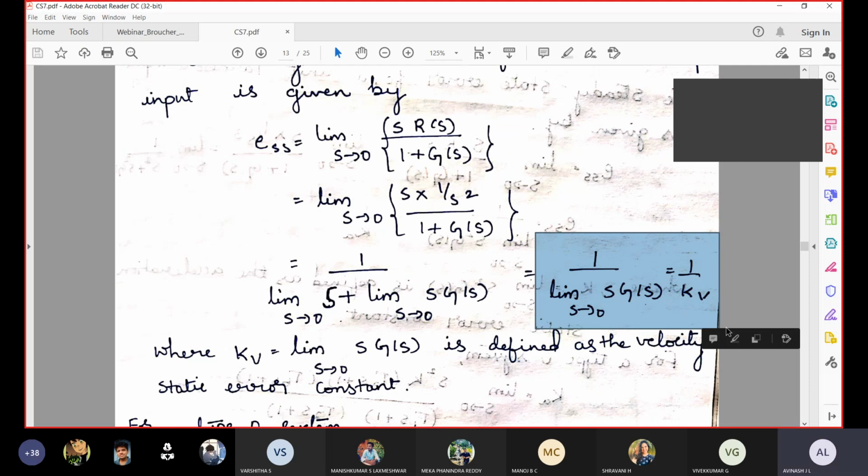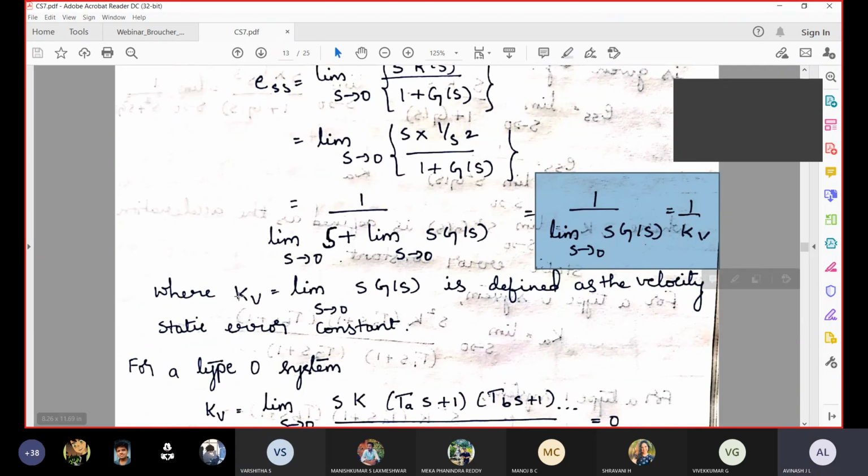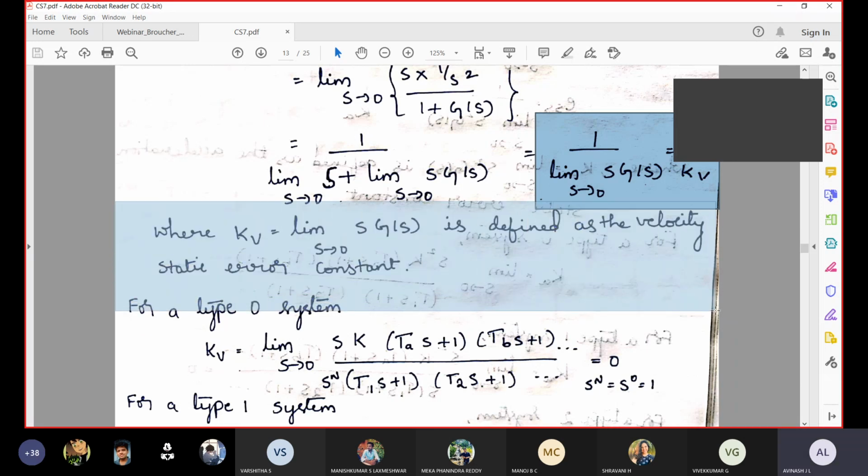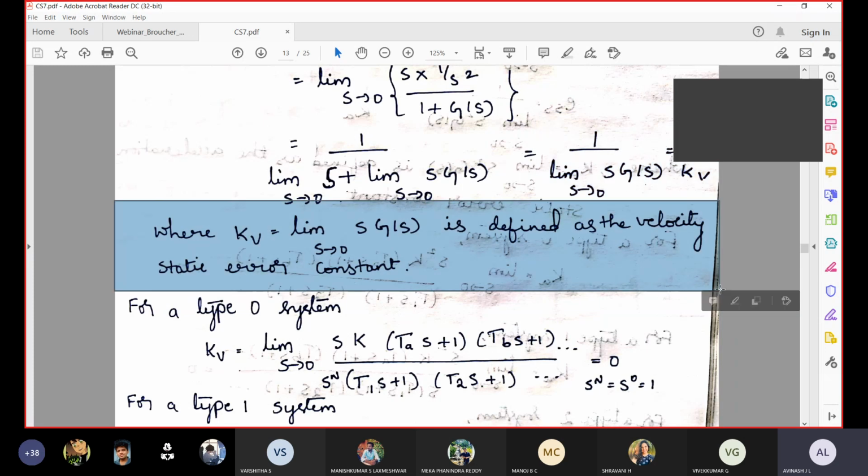Write down: Kv equal to limit s tends to 0, s into G of s is defined as the velocity static error constant.